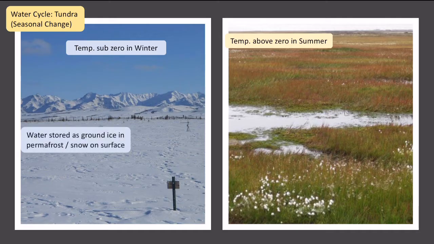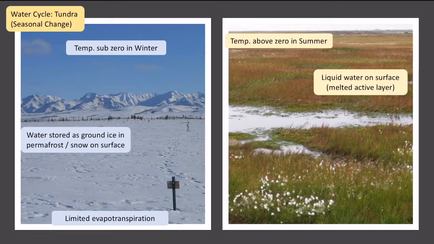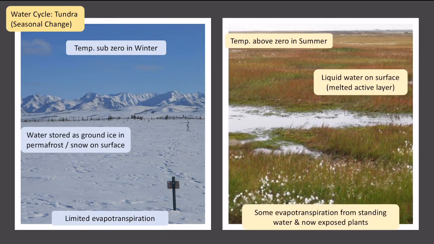So in the winter, most of the water will be stored as permafrost or snow on the surface. Obviously, as those temperatures creep up in the summer, we'll start to see that liquid water on the surface. So that's that active layer that's melted, and because the permafrost stops it from going down, it sits on the surface.